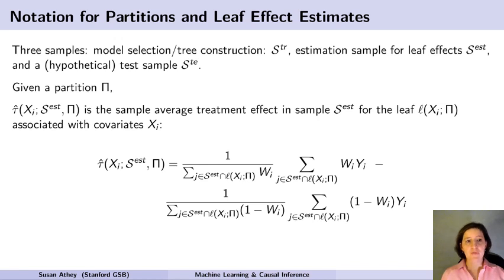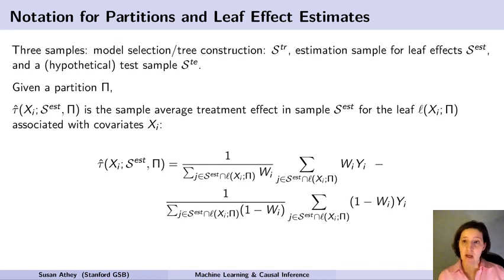So in order to explain further this causal tree method, I need to introduce some notation. First of all, we're going to have different sets, and not just a training and test set, but we're also going to have a set called the estimation sample. What we'll call the training set is actually going to be the set that's used to construct the tree.